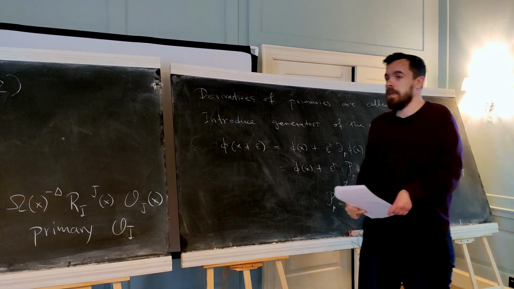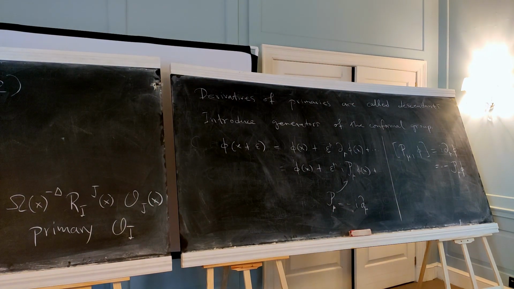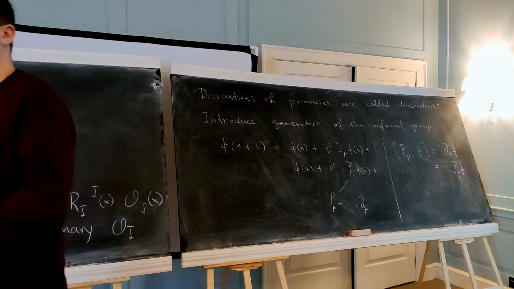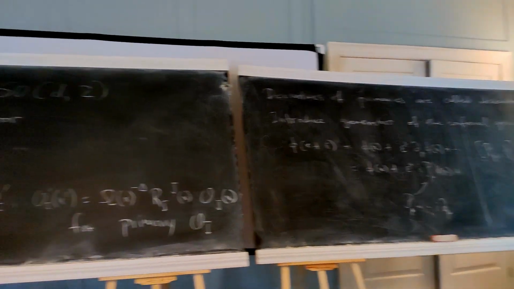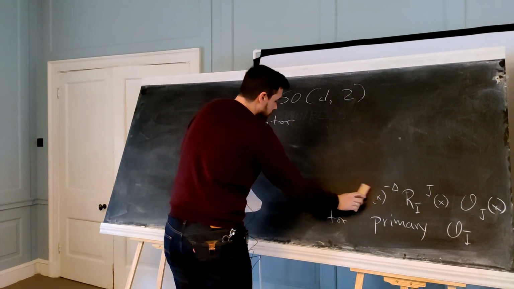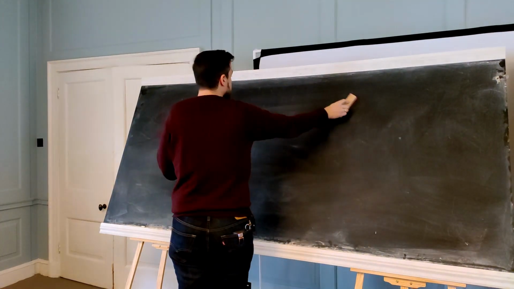Okay? And the minus is important. You cannot avoid it by going to some other Hermitian or non-Hermitian convention, whatever, it doesn't matter. You're always going to have that minus. And the minus is because you want these operations to compose in the right way. So let's see what that means.